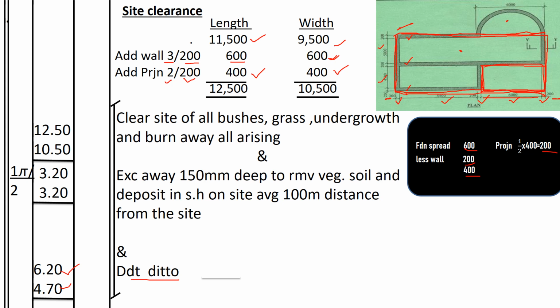Yes, we shall take 6.20 and 4.70. We shall not add the projection because we are finding the area that we shall not be using. So we take the total area of the big rectangle minus the area of the unused parts to get the area of the site that shall be cleared and shall be used.